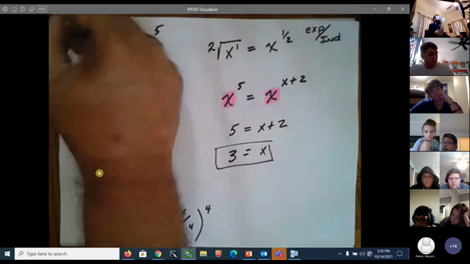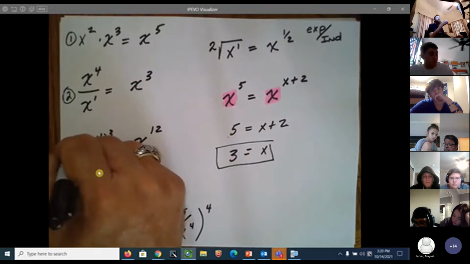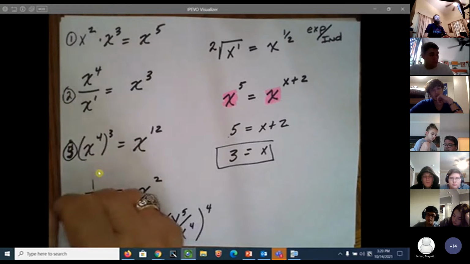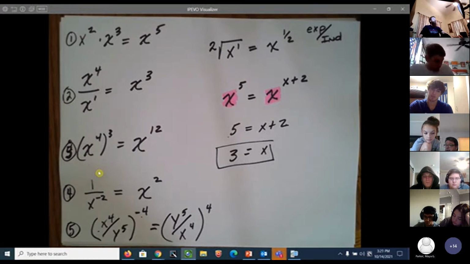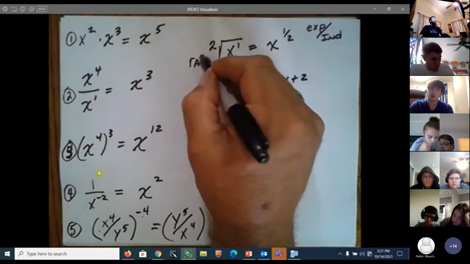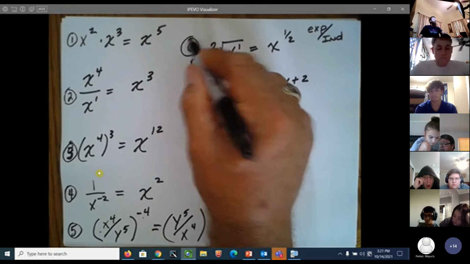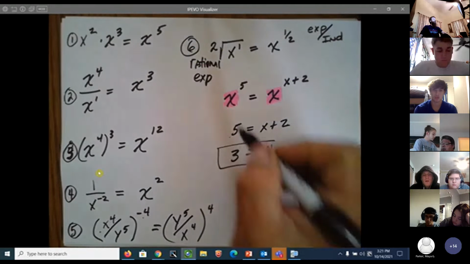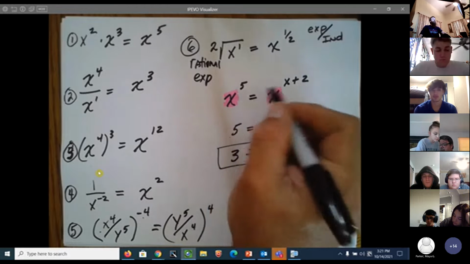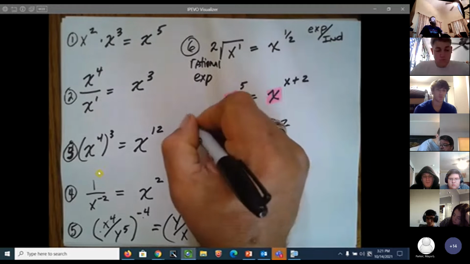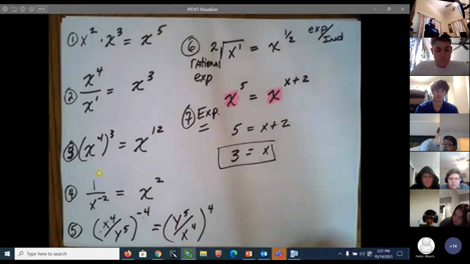There's the product rule, the quotient rule, the power rule, the inverse rule, the inverse power rule, rational exponents, and exponential equalities. 7 exponential equalities.